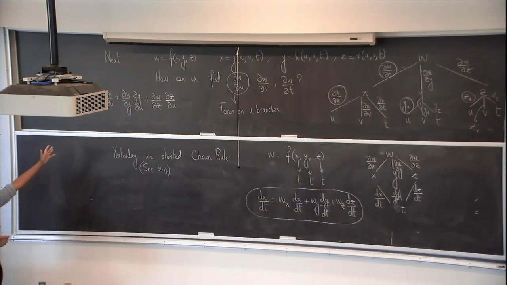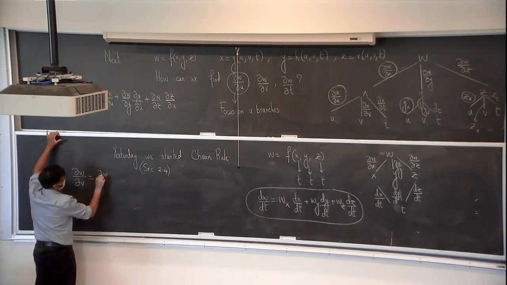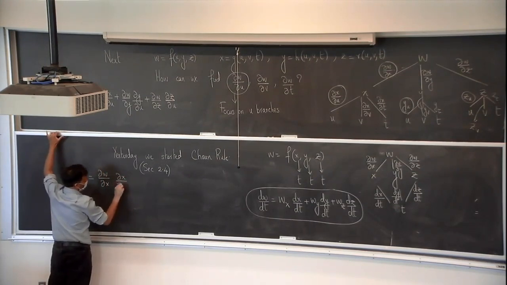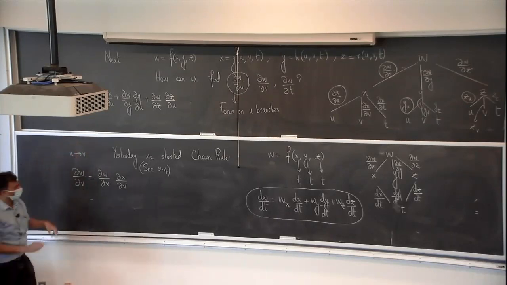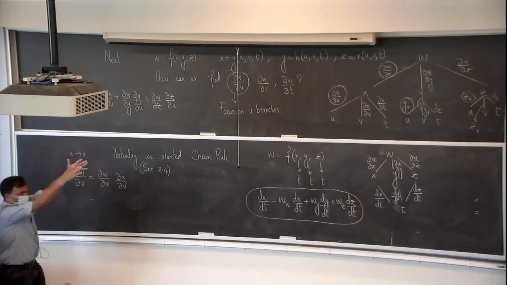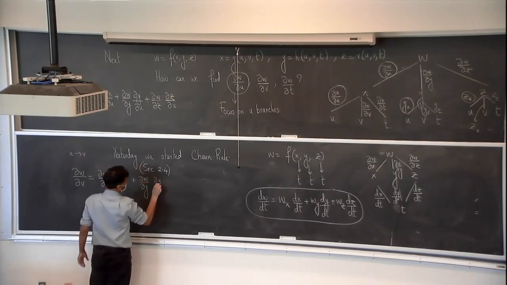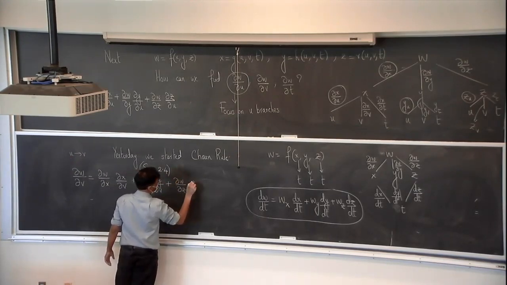Yeah. Like everywhere it says du, just change it to v. So w with respect to v would be dw dx. I'm saying d for partial here. Dx dv. All I'm doing is changing u to v because I'm taking the v branch now. Plus w with respect to y, dy dv, plus w with respect to z, dz dv.